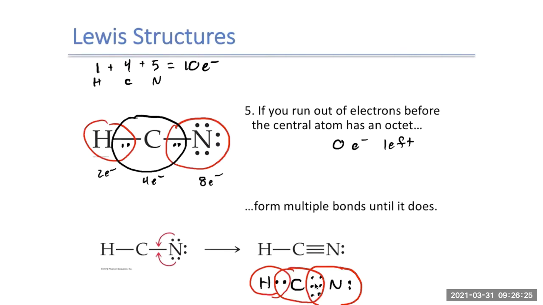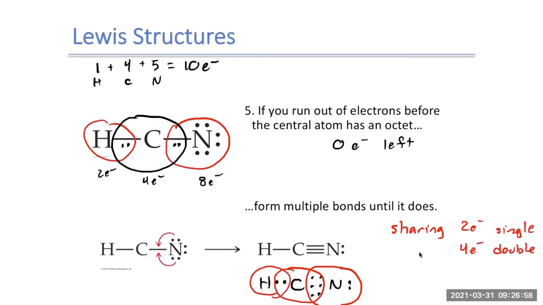If you're sharing just 2 electrons, like we did up here at the top, that's what we call a single bond. If it shares 4 electrons, so I'd draw 2 lines in between, that's what we call a double bond.